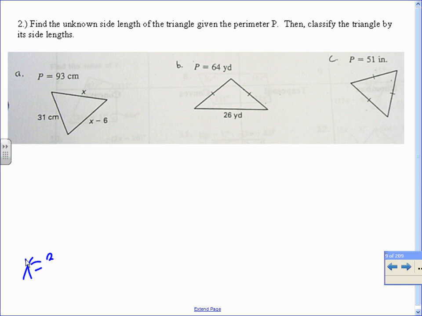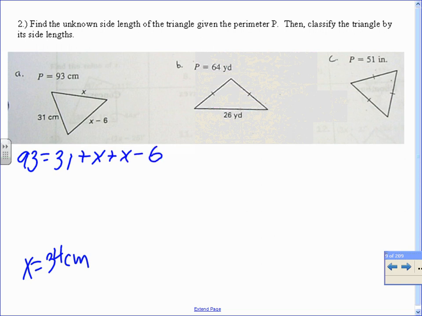So this one, I'll show you guys the initial setup here. The perimeter is 93. So to find perimeter of a triangle, you just add up all the sides. So you should add up 31 plus x minus 6. Combine like terms, solve for x. You get x is 34, which then you should take and plug back in.